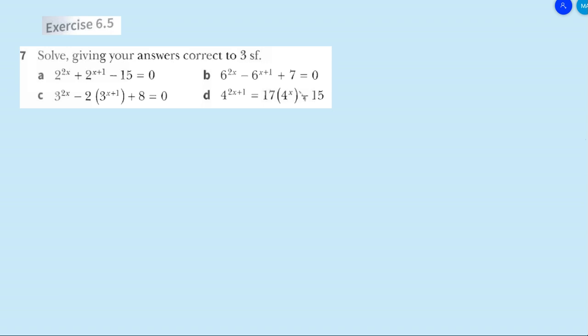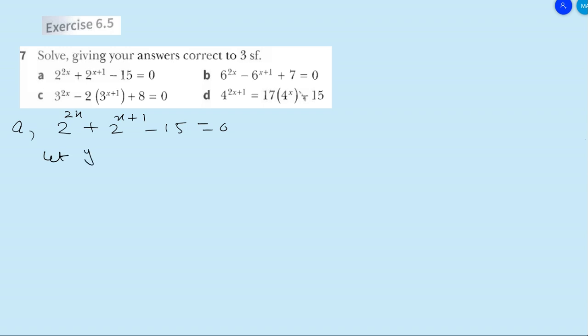So it is the same as question number 5 and question number 6. Let's start part A. Part A is 2 power 2x plus 2 power x plus 1 minus 15 equals 0. Now I am doing it directly.